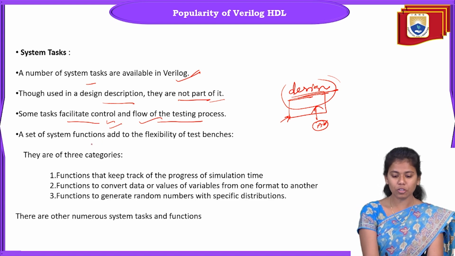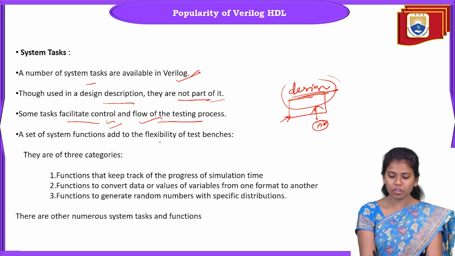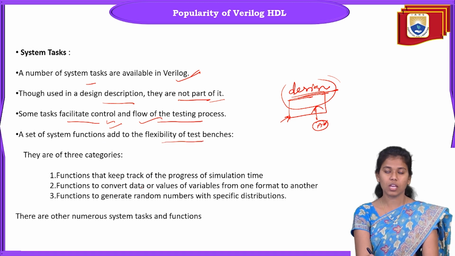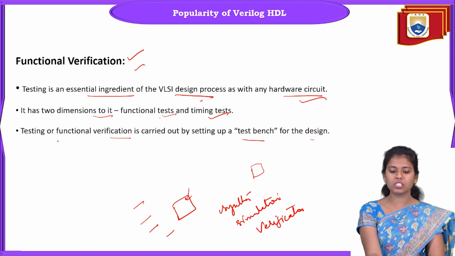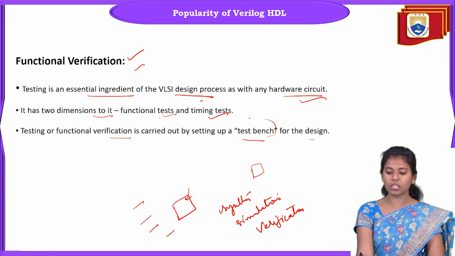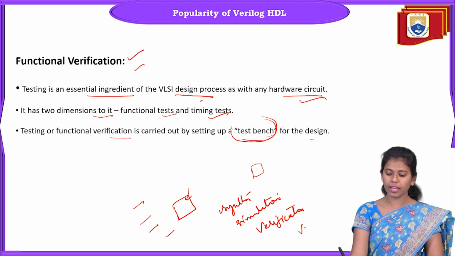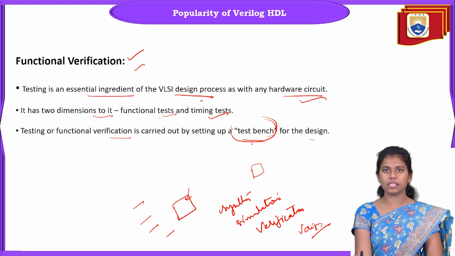And next, a set of system functions adds to the flexibility of the test bench. As I said, functional testing or functional verification is carried out using a test bench. In order to test some module, we have to set up a test bench.